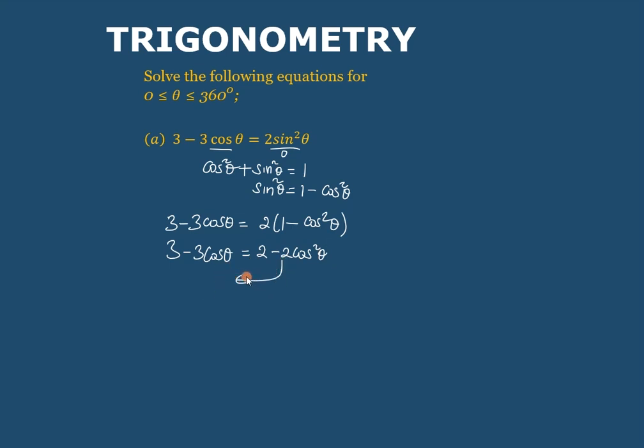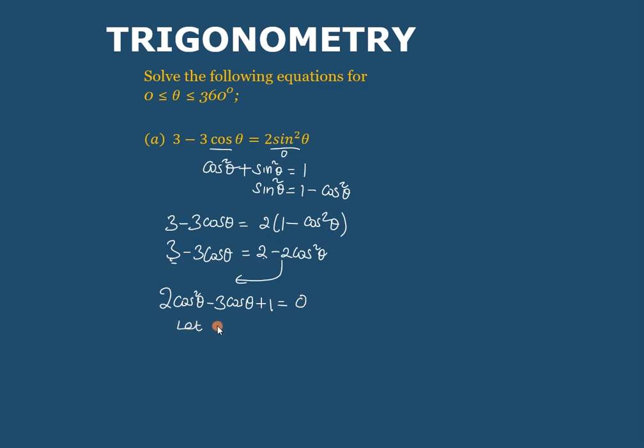Let's take this one that side. We get all the terms on the right and we pull them to the left. So we have 2 cos squared theta minus 3 cosine of theta, plus 1 equaling to 0.